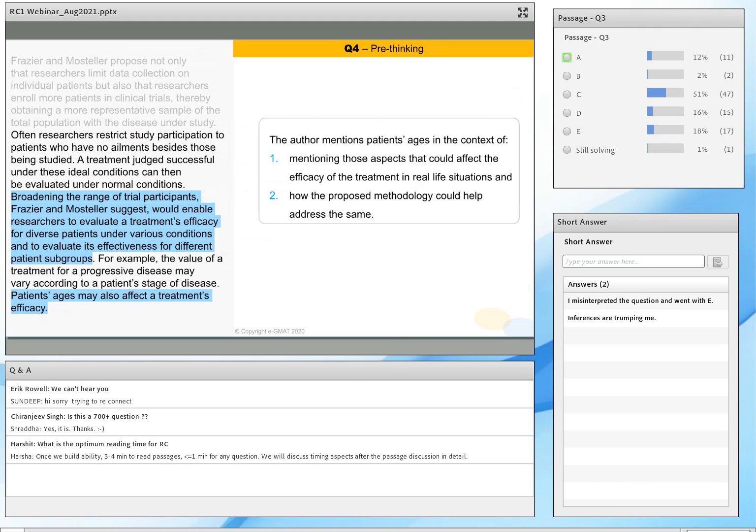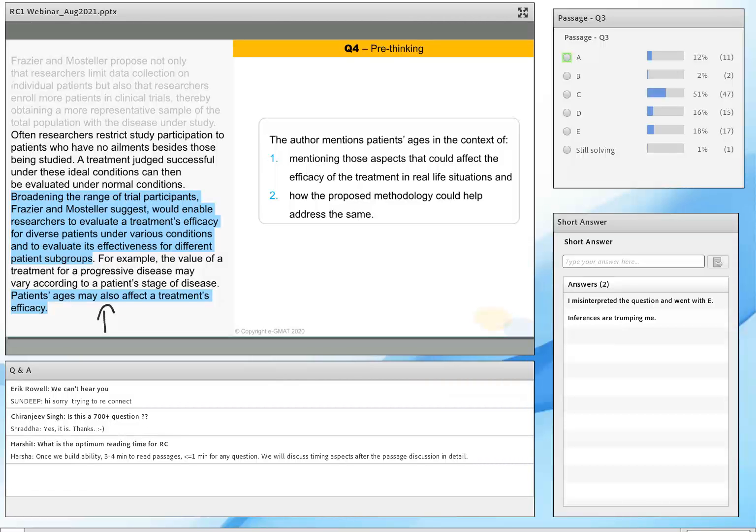From the analysis of our passage, we understand that this is one of the advantages of F&M's proposal for making the clinical trials larger. So this is basically to support or substantiate the point that what F&M are saying is actually right, that it should be done that way.